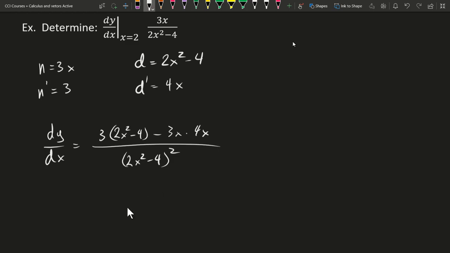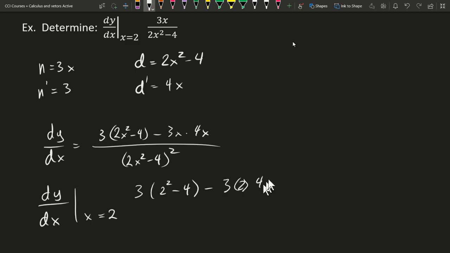And now, if I would like to evaluate this at 2, meaning dy dx at x equals 2 is going to be, obviously it's going to be this. Just going to slap in a 2. You know, maybe we would have wanted to simplify this first, actually, and then plug the 2 in.